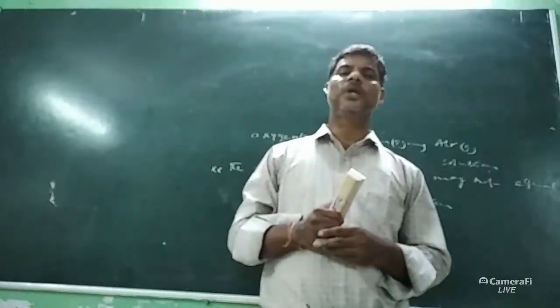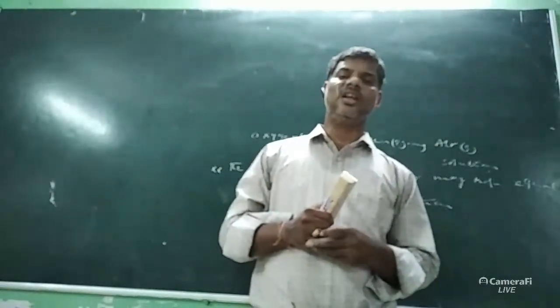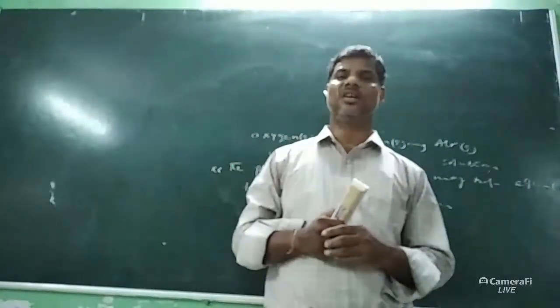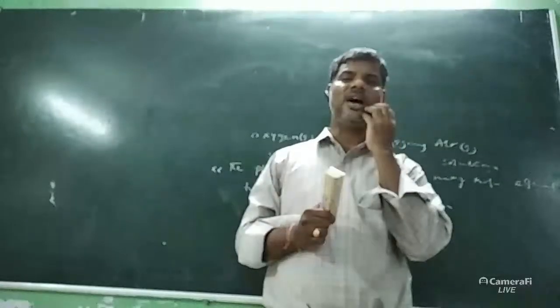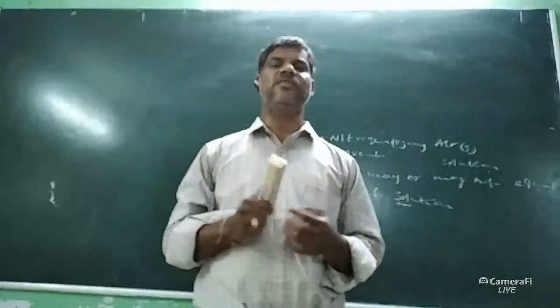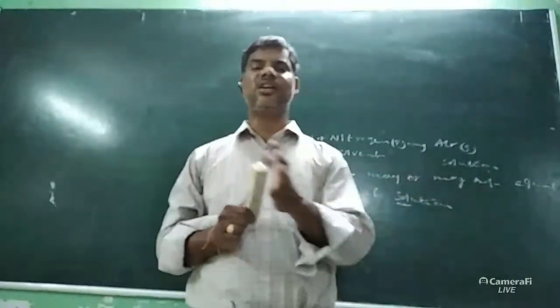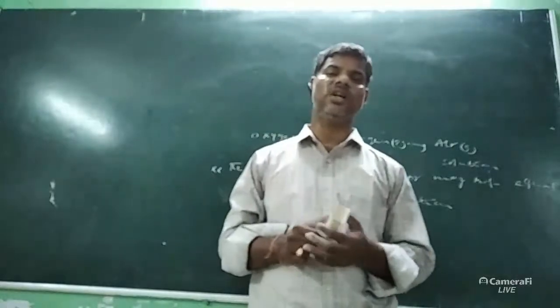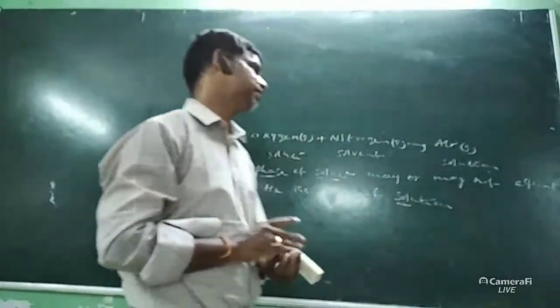And coming to the solute, generally the phase of solute may or may not equal to the phase of solution. Means the phase of solute need not equal the phase of solution. We gave some examples also.